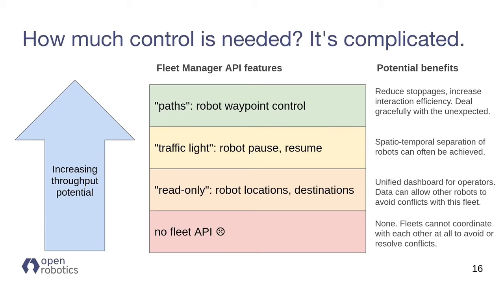So there are certain levels of openness in these fleets, and with that openness comes a throughput potential that is tied to it. There's the no fleet API, which is the one at the bottom here, and that one will not allow us to do anything with it. There's not much we can do.